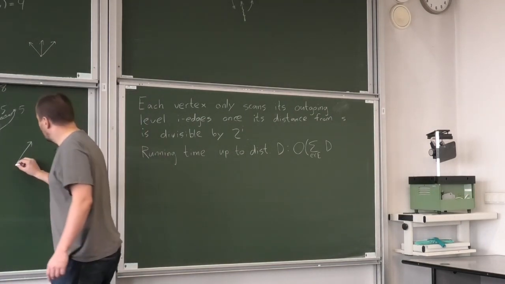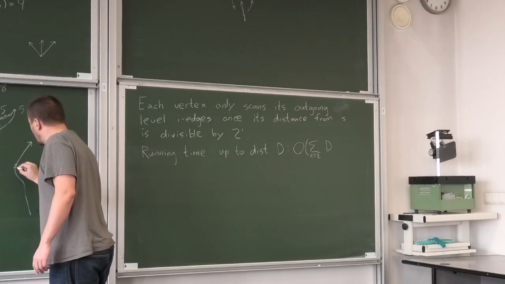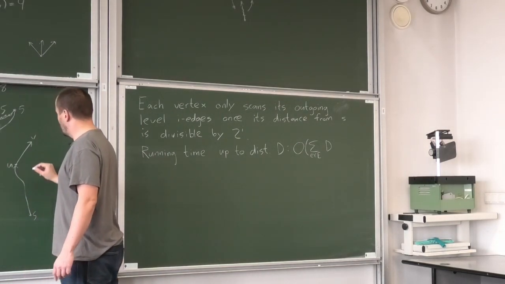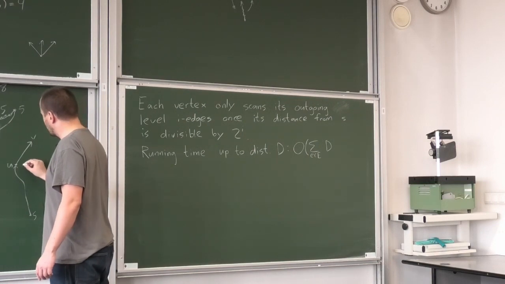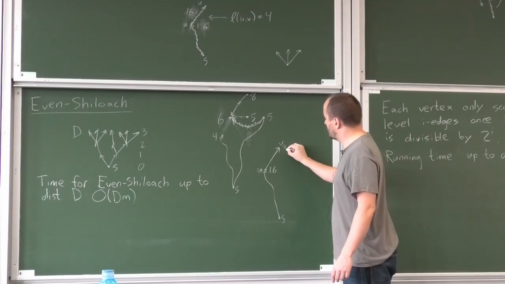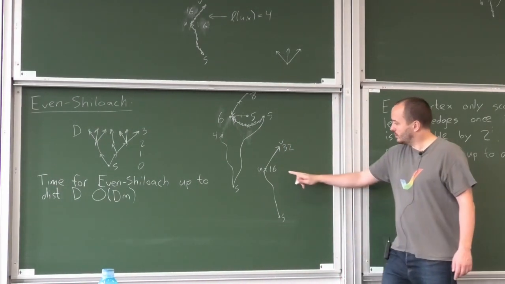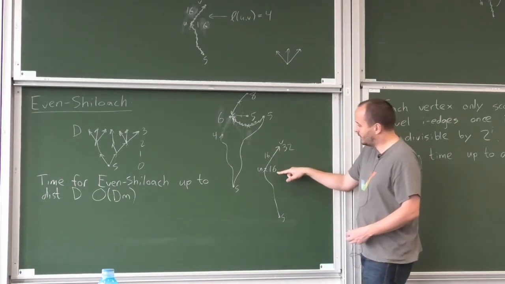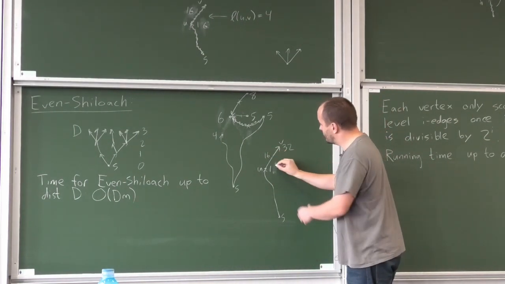Right? So let's just take this again. Suppose that this is 16, then this is 32. So this weight is now 16. Now this estimate increases.